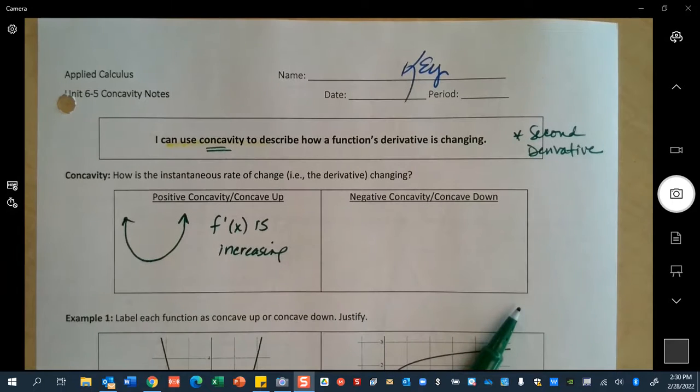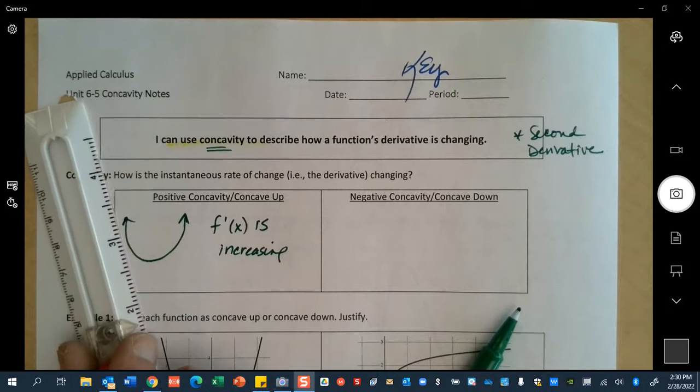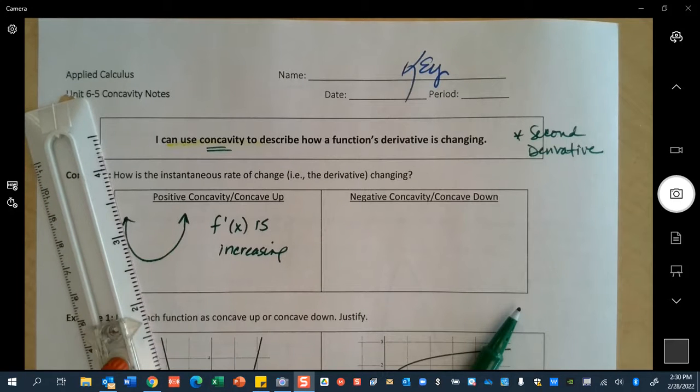Nobody said positive, nobody said negative. It's just that the derivative of our function is increasing. So if you look at what that derivative is, we can start here and talk about the slope of the tangent line.